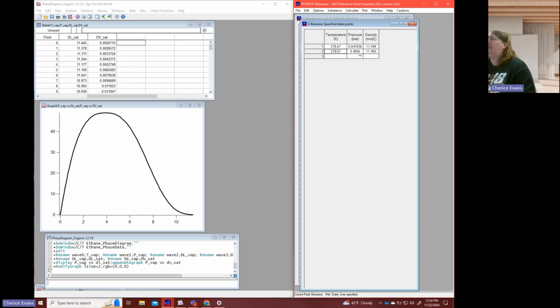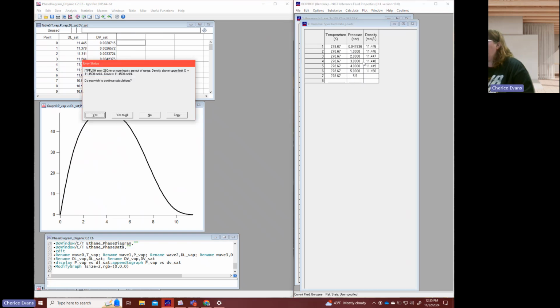Okay, so that means in order to get more than 2 points here, step the pressure up to 5.2786, 5.2787, 5.2788, and then 5.2787 5. It's going to give me that error because I'm above max density.